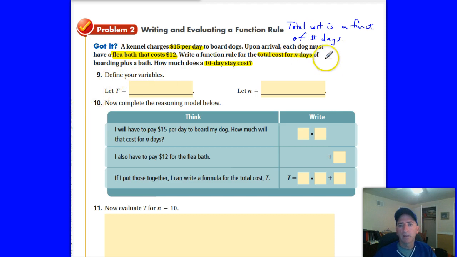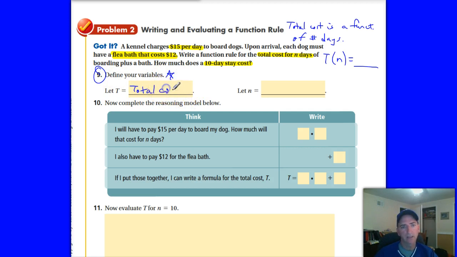When we write this, we'd say T for total is a function of the number of days equals, and then we would have that equation with the n variable in there. T, that's the total cost. You always want to define your variables. I'll actually give you points for that on the test, if you just tell me what the variable is whenever there's a word problem.